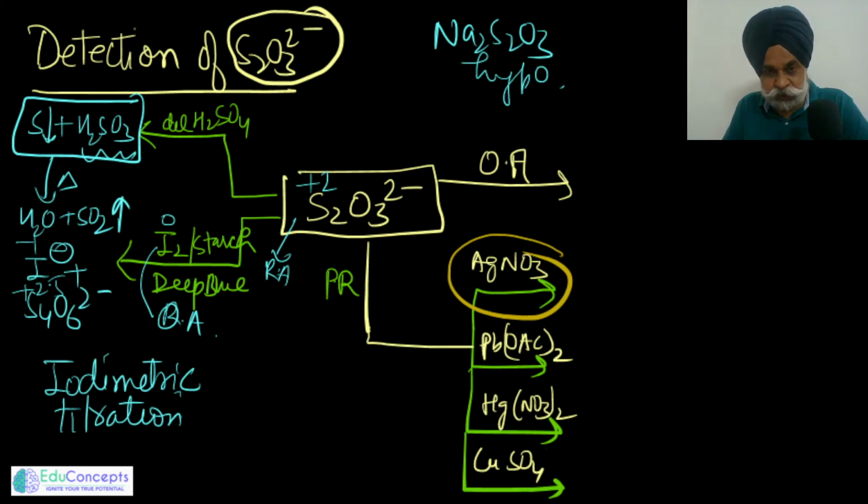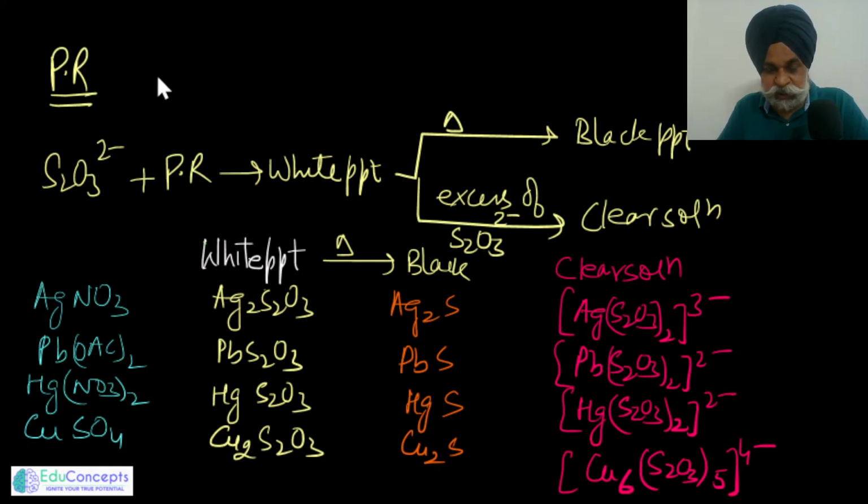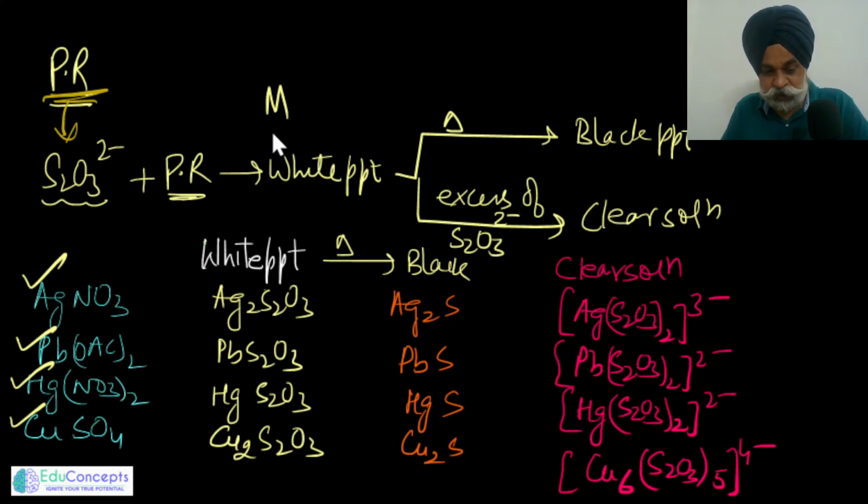There are 2-3 ways to do it. First, you add silver nitrate into the solution, as I said, the precipitating reagent for thiosulfate ion. This precipitating reagent can be AgNO3, lead acetate, mercury nitrate, or copper sulfate. All of these give a white precipitate, M2S2O3 depending upon the valency of the metal.